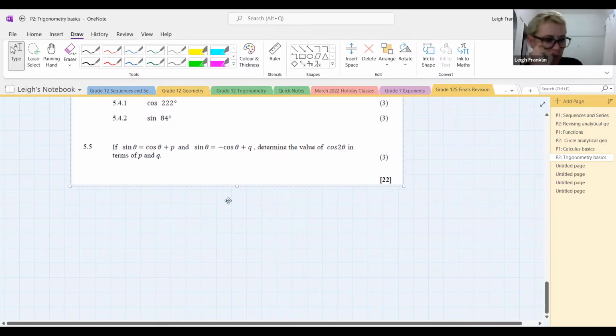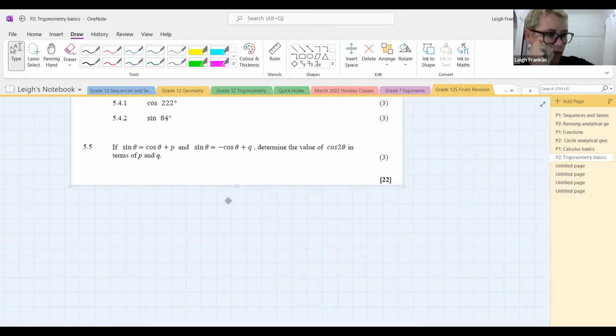With this particular question, this is obviously a little bit harder, so we need to put on our thinking caps and become quite creative in terms of a solution. What do you think you should do here? They've said they want cos 2 theta in terms of p and q. If they want things in terms of p and q, we need to make p and q the subject of the formulae.